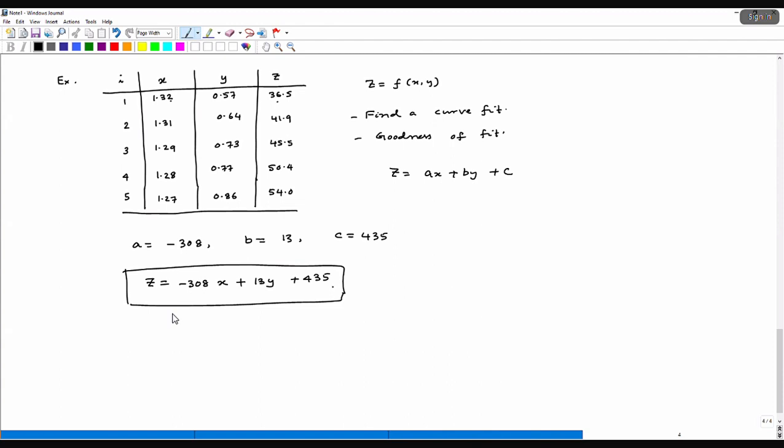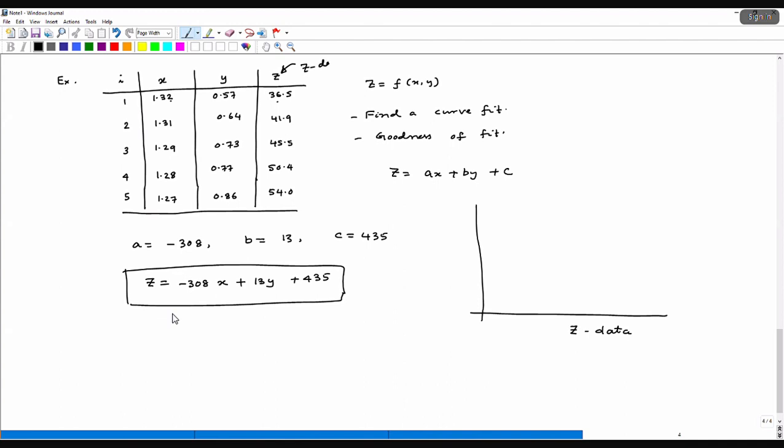Now, how do I check for the goodness of it? I do what is called a parity plot. On the x-axis, I have Z data, that means these values.